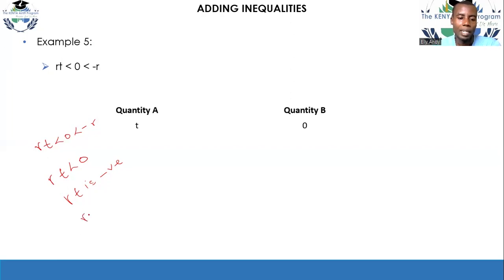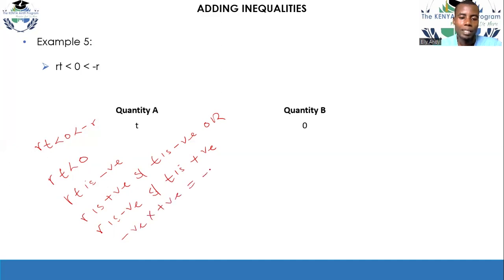We can know that either R is positive and T is negative, or R is negative and T is positive. This was the case because negative times a positive will always give us a negative answer.